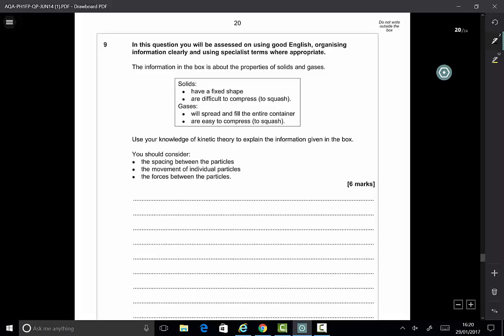So let's start with the spacing between the particles. We know that in gases, there are large spaces between the particles. Now you've got to look out for your spelling. I'm clearly not very good at that. Between particles.